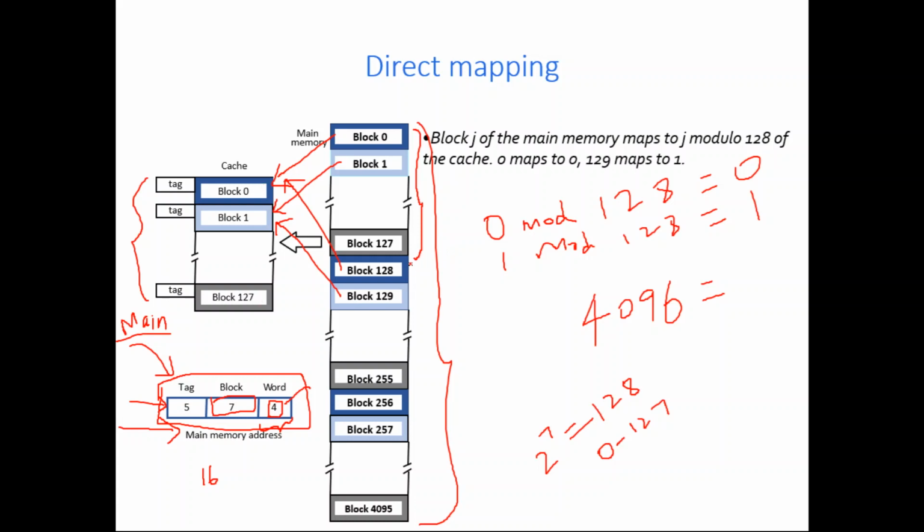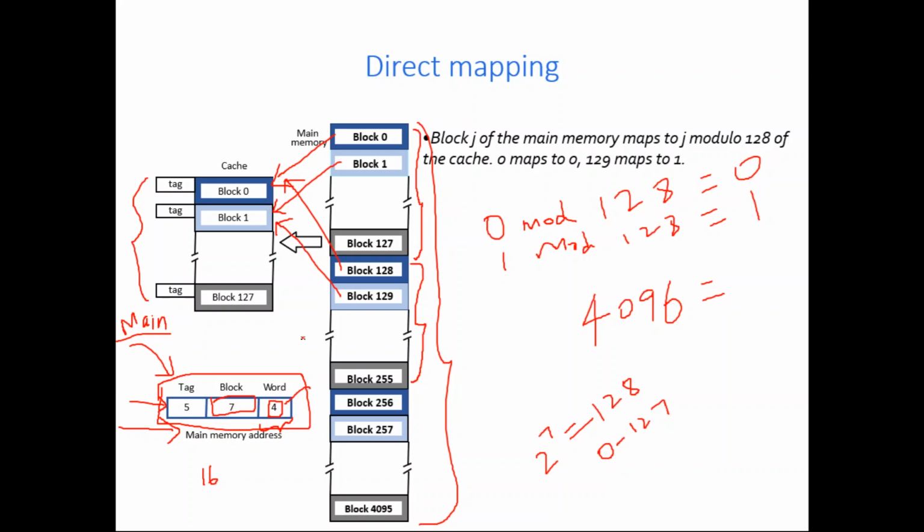Similarly, main memory blocks 128 to 255 again map to cache blocks 0 to 127: 128 maps to 0, 129 maps to 1, 130 maps to 2, 131 maps to 3, and so on.